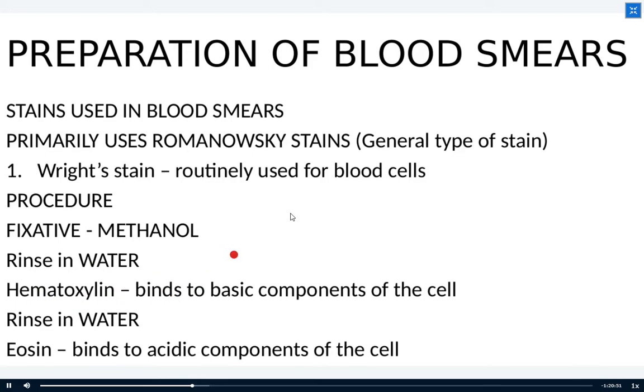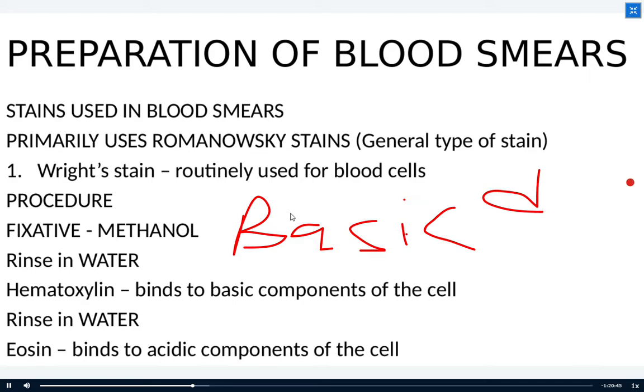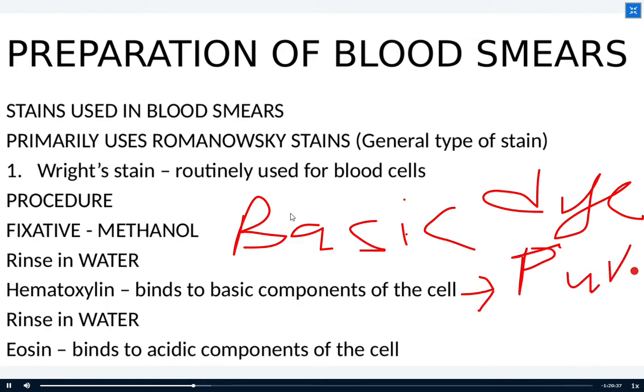Si hematoxylin nyo, class, this is a basic dye. This is a basic dye that would bind to the basic components of the cell. Usually, they would appear purple or bluish in color. Then you have to rinse it in water to remove the excess hematoxylin.